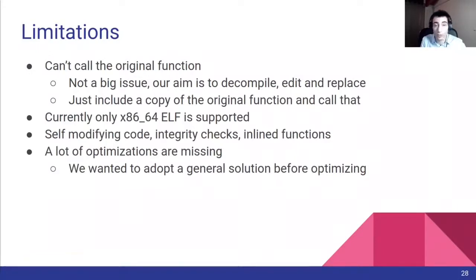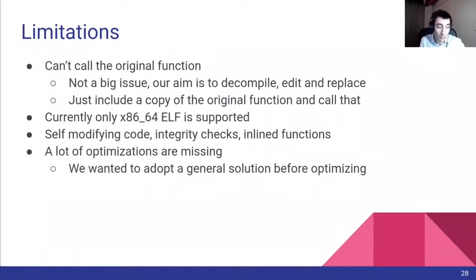This is not an inherent limitation. We just need more time and engineering effort to support other architectures and other binary formats. We do not support self-modifying code or integrity checks, but that's pretty natural and to be expected.